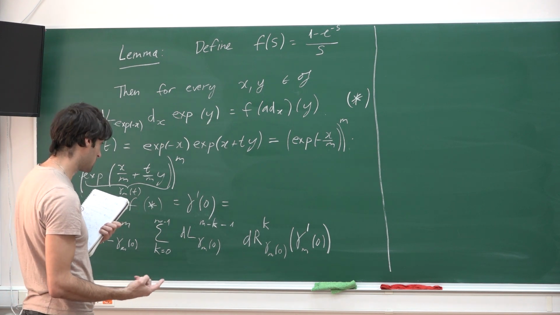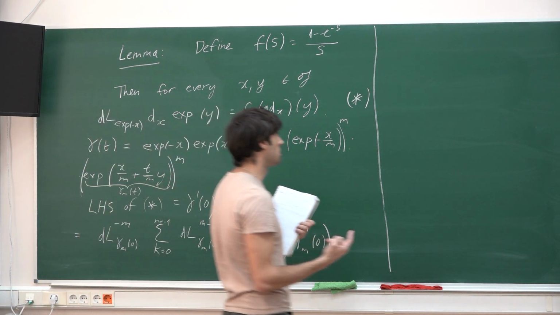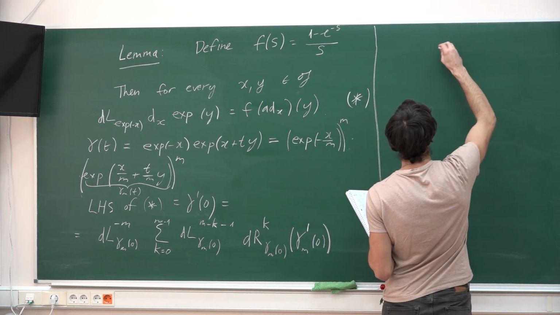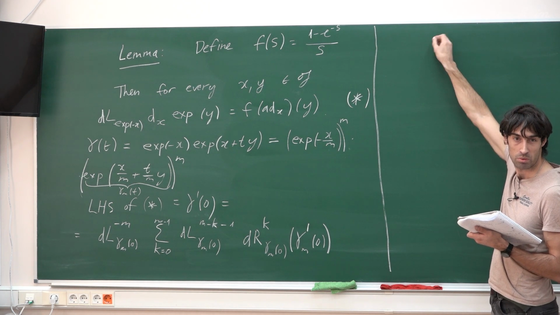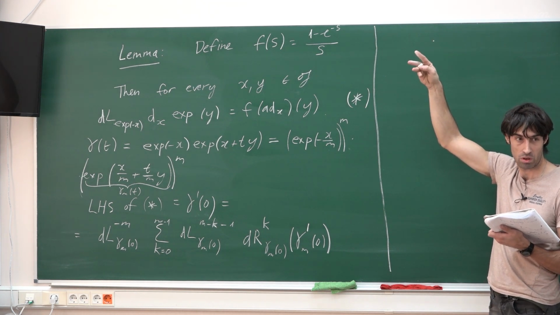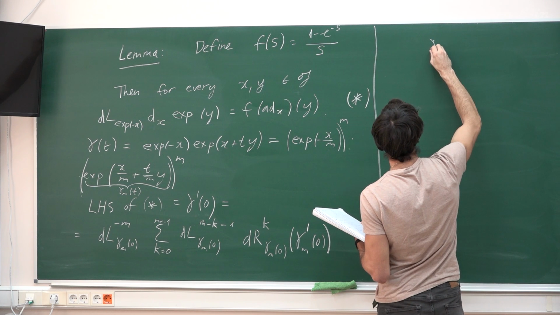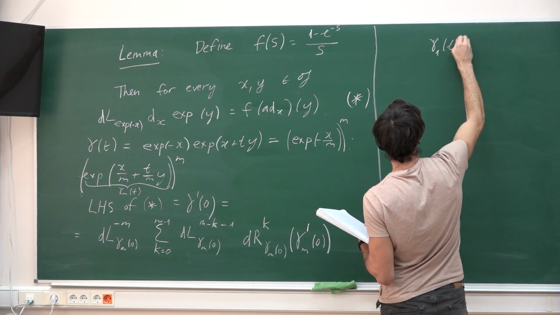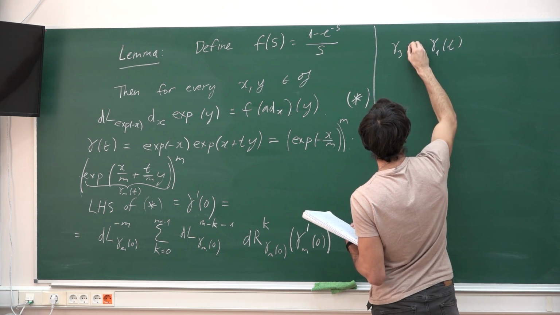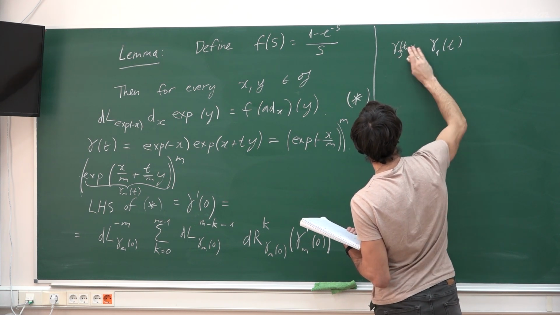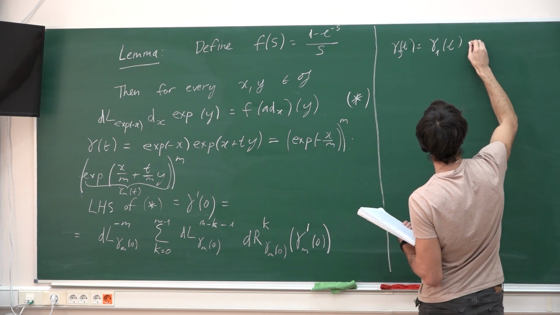So this is a consecutive application of the Leibniz rule, but more precisely, let me formulate it for two curves. Suppose I have two curves, gamma 1 and gamma 2, and then I form a third one, gamma 3 of t, which is gamma 1 of t times gamma 2 of t.